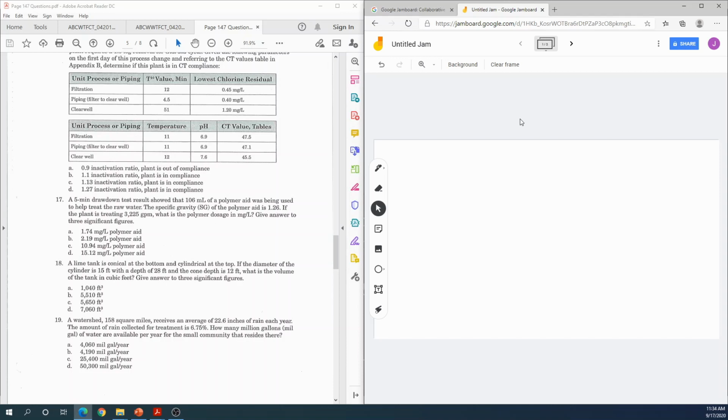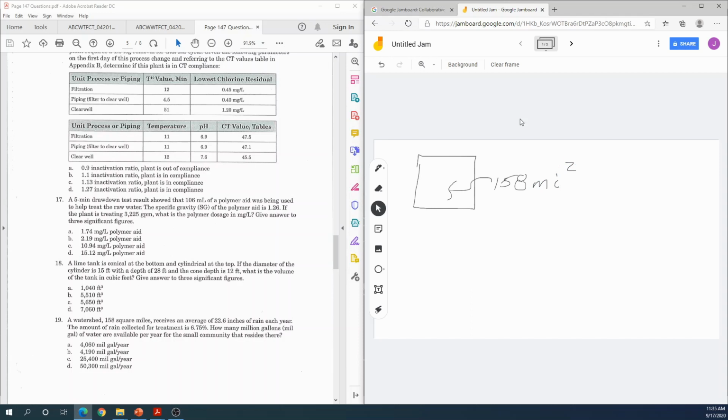Okay, let's just draw a sketch again. So we know we've got some watershed. I'm just going to conceptualize this by drawing a box. And the area here is 158 square miles.